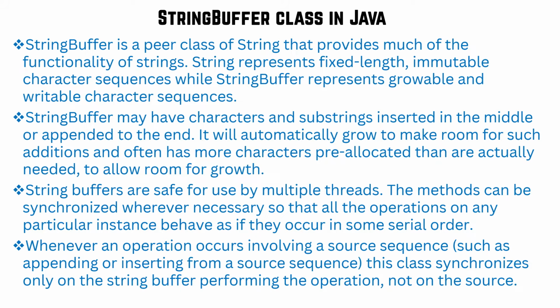String represents a fixed length, immutable character sequence, while StringBuffer represents a growable and writable character sequence. StringBuffer may have characters and substrings inserted in the middle or appended to the end. It will automatically grow to make room for such additions and often has more characters pre-allocated than are actually needed, to allow room for growth.